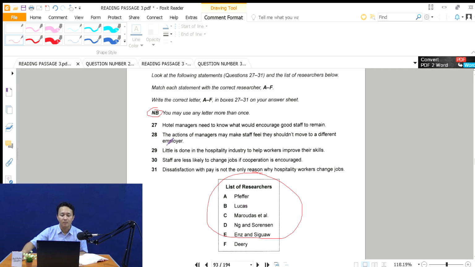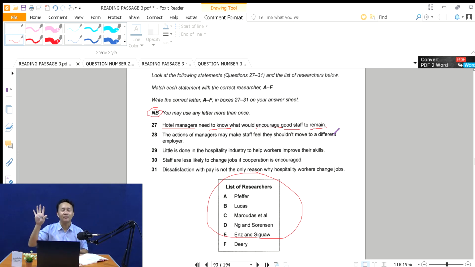For example, number 27, hotel managers need to know what would encourage good staff to remain. So we need to find what kind of things hotel managers should know to help them encourage the good staff to stay in their company. So I think this is about the hospitality industry, right? So hotel managers need to know, encourage good staff, and then remain. Always highlight the words. Now go highlight number 27 until 31.